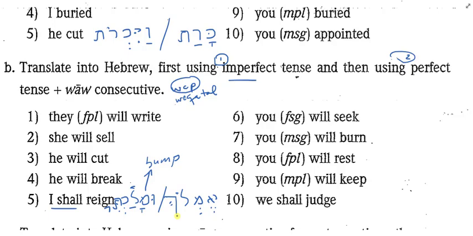And I shall reign. U malakti. Okay? And if you put your accent on the ti part instead of the la part, malakti, that would be okay as well, because sometimes you will see that accent on the final syllable in WCP forms. Okay? So there you go. We'll stop there for today, and we'll pick this back up next class.